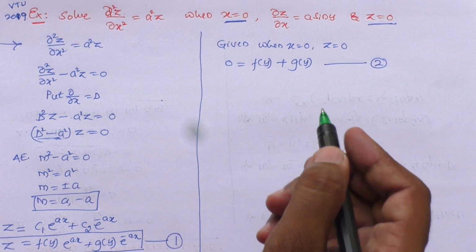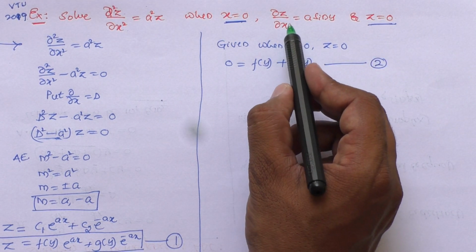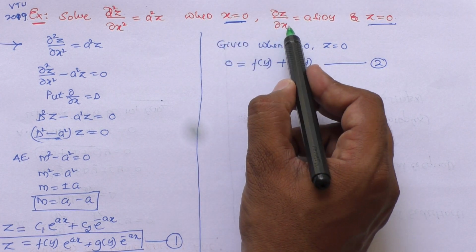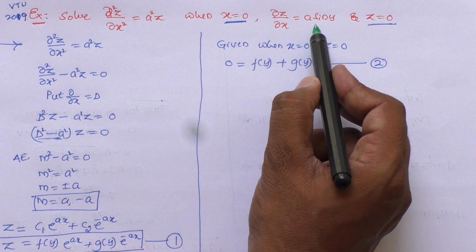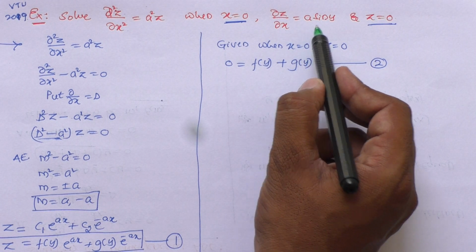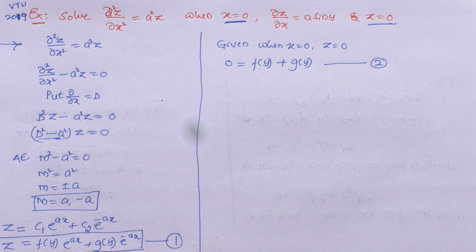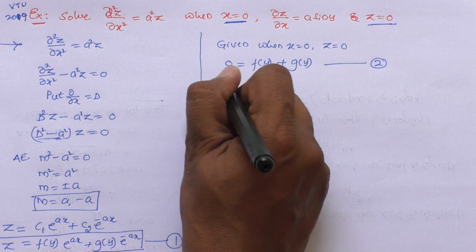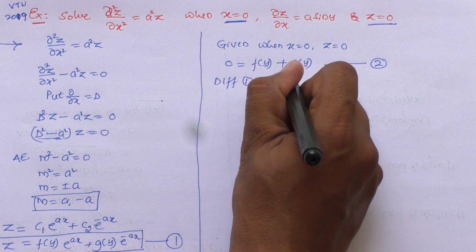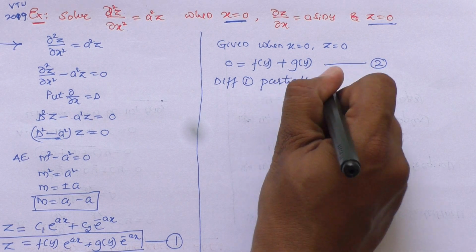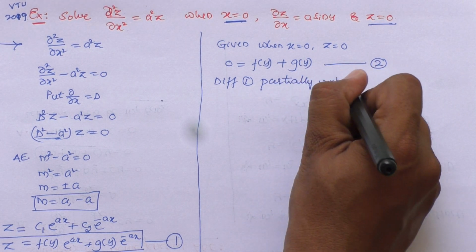Now let us apply the second condition. When x is 0, dou z by dou x is a sin y. To apply this condition, what you can do is get dou z by dou x. So differentiate 1 partially with respect to x.